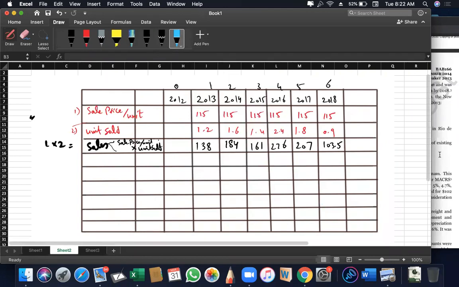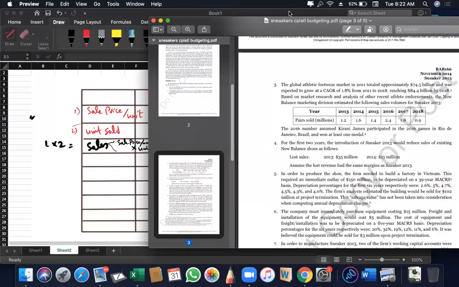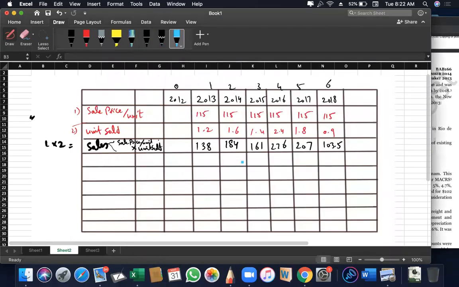Now let's read the next point here. For the first 2 years, the point number 4, the introduction of sneakers 2013 would reduce sales of existing New Balance shoes as follows. This is low sale, 35 million and 15 million. So here I will write 35 and 15.